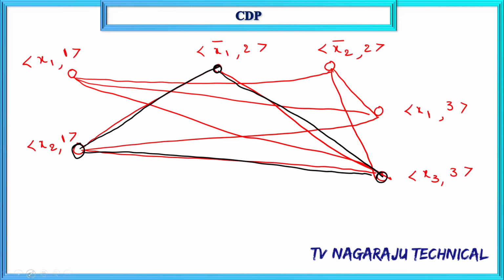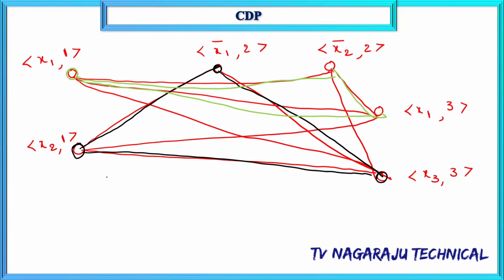Suppose this is one subgraph I consider, or else suppose you consider one more triangle. See this one? Like this, you can take any subgraph. For example, I will take one subgraph, this black color subgraph.